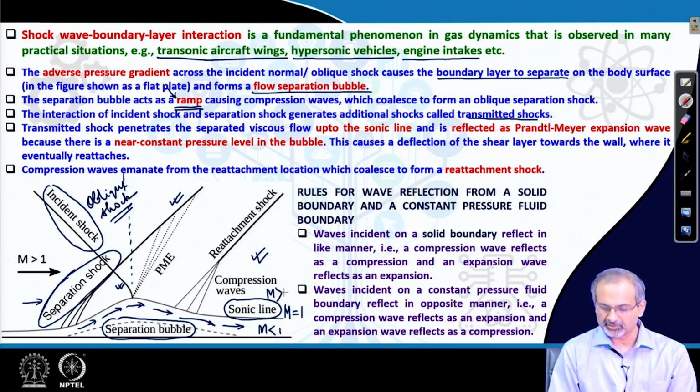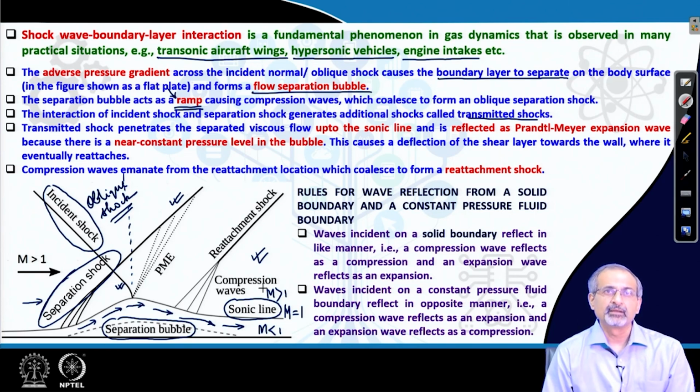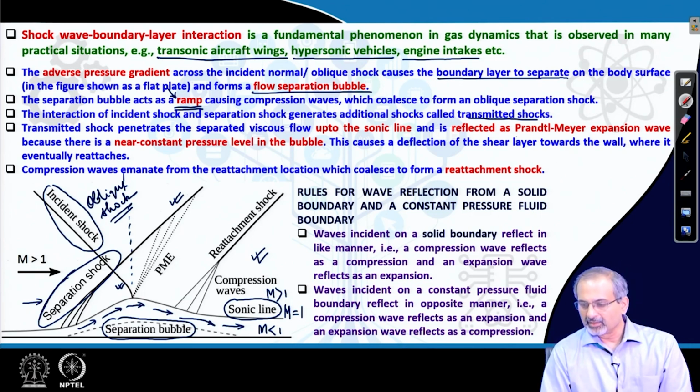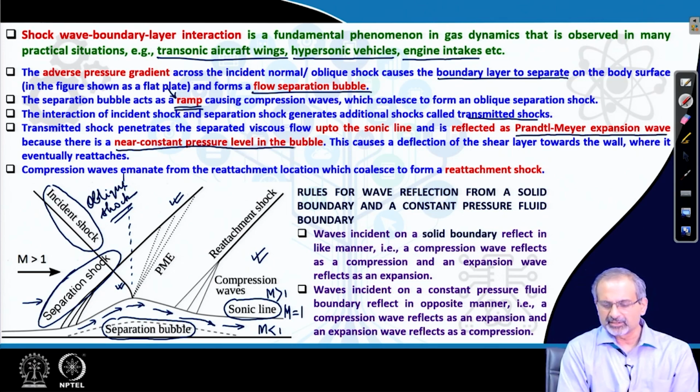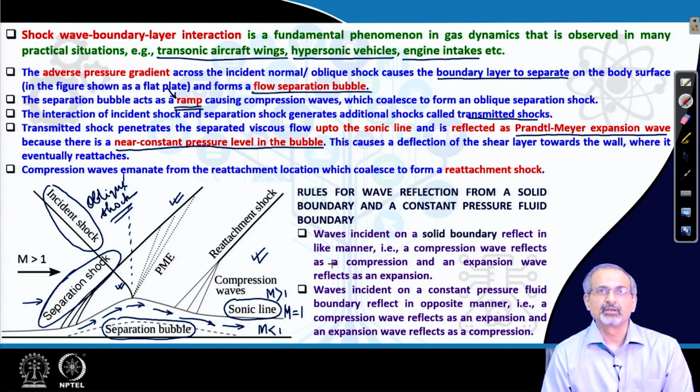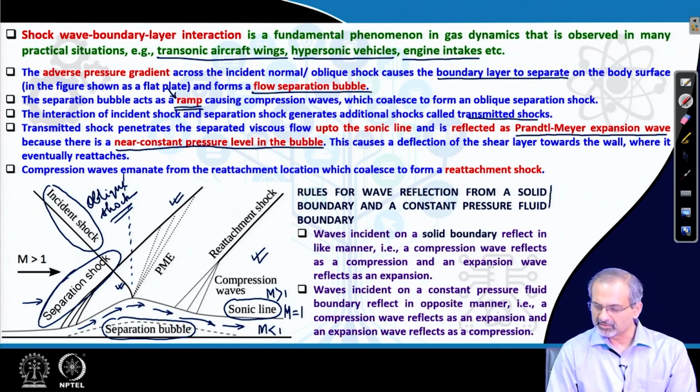Above it, it is supersonic. So, the shock cannot exist in the subsonic range, it can go only up to the sonic line, and then it reflects back as a Prandtl-Meyer expansion wave, because there is a nearly constant pressure level in the bubble. And there are certain rules of reflection of waves, which we will see soon at the bottom.